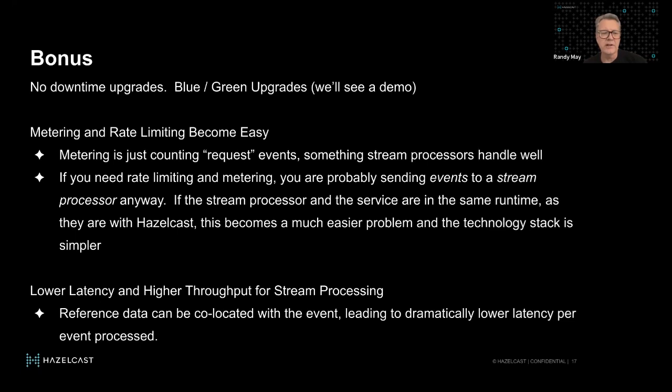A credit card swipe comes in. Well, you can't make the decision just based on that. You've got to pull in information like maybe recent purchase history. That usually comes from your fast data layer. If your fast data layer is co-located with where the event's being processed, you can get dramatically higher throughput and lower latency for your event processing.